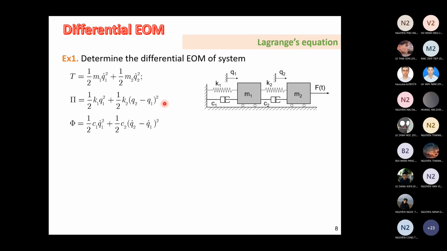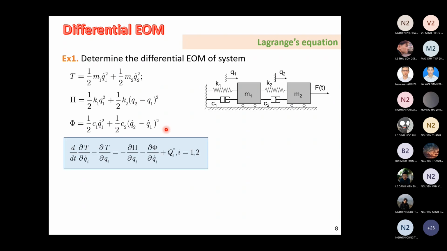So we have the potential of the second spring as in this formula, and similarly the damping energy. And then use the Lagrange equation and take the derivatives from the kinetic energy, the potential and the damping energy. Please write for me the first equation.